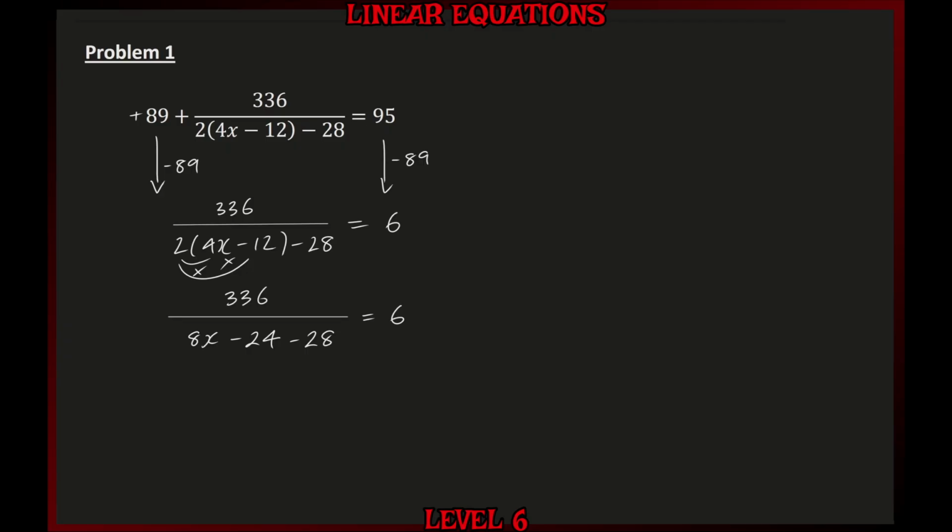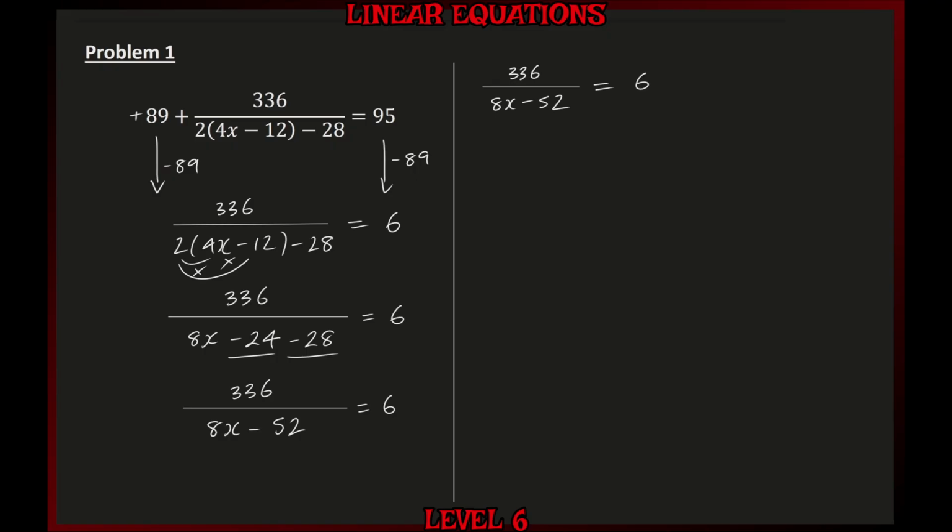We can now simplify the denominator of the fraction on the left by collecting together the minus 24 and the minus 28. So this becomes 336 over 8x minus 52, and that's equal to 6.